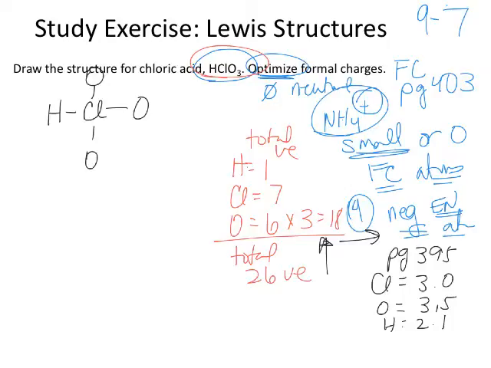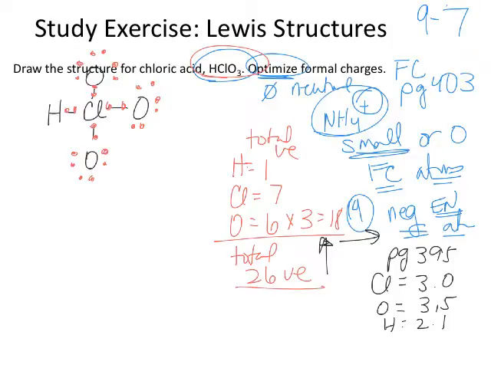Next, distribute these electrons: count the bonds, 1, 2, 3, 4, 5, 6, 7, 8, and then distribute the rest to the terminal positions, 8 through 26. And there you go, 26 valence electrons.